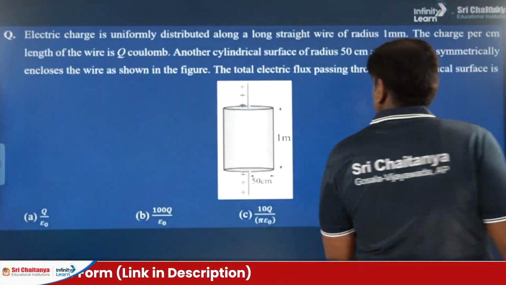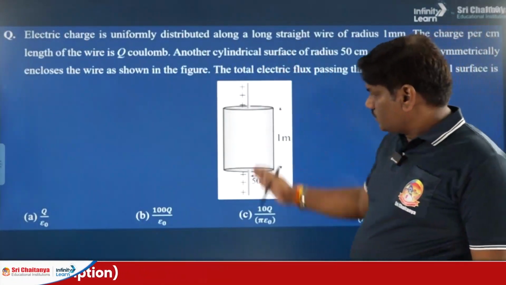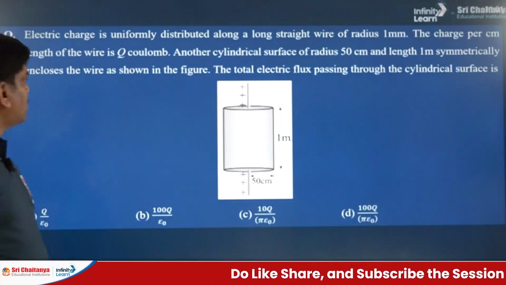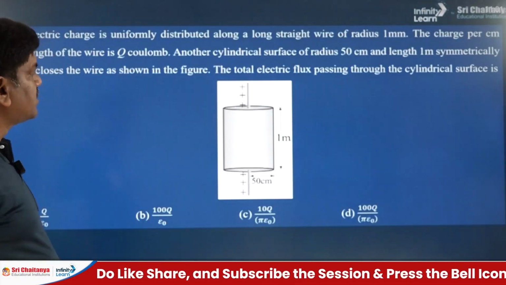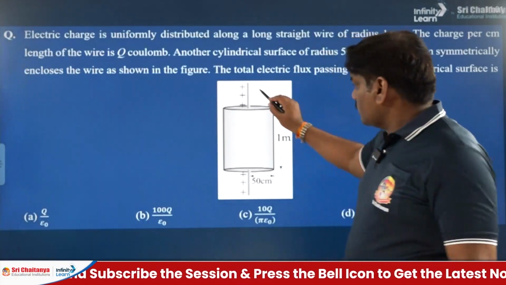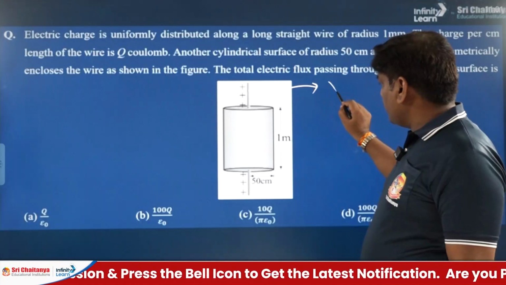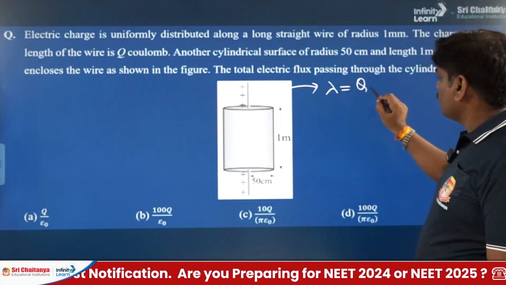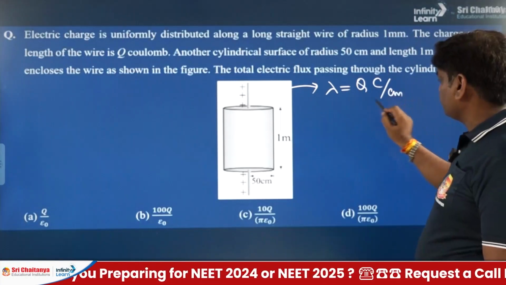Again, this is a line charge, a charge distributed over a line, and we are interested in finding the total flux passing through this cylindrical surface. On this line the charge given is Q coulombs per centimeter.